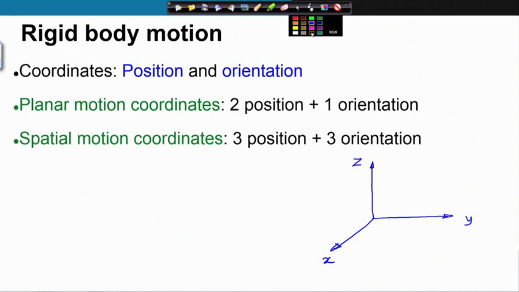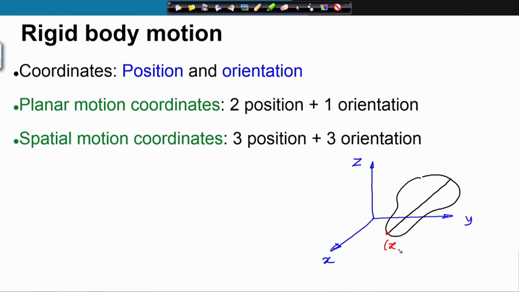Suppose I have a body in which a line is fixed, then I can locate the coordinates of a certain point on the body and the orientation by looking at possibly the direction cosines, these angles that the line makes with the local x y z coordinate system, which is parallel to the blue coordinate system.